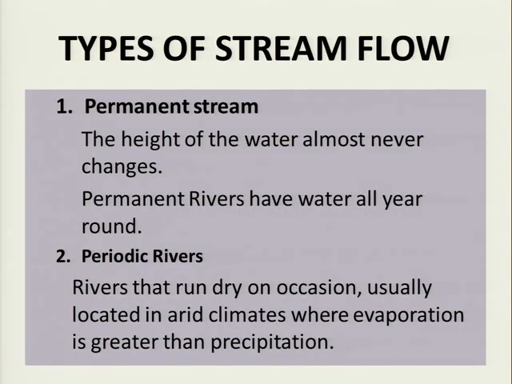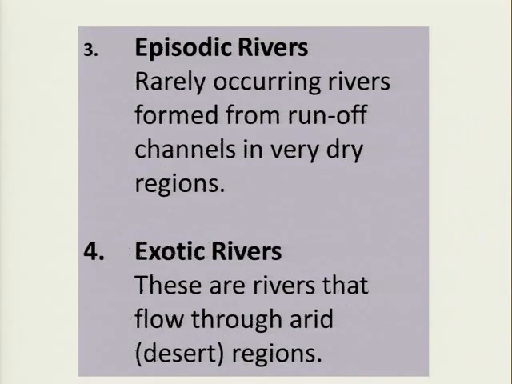They are usually located in arid climates where the evaporation, in other words the amount of water that is taken up by the sun, is more than the precipitation, in other words the amount of rain that falls. Okay, so please make sure of those two, the difference between the permanent stream and the periodic stream.